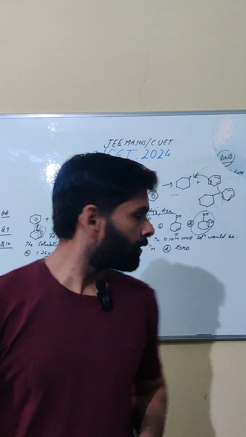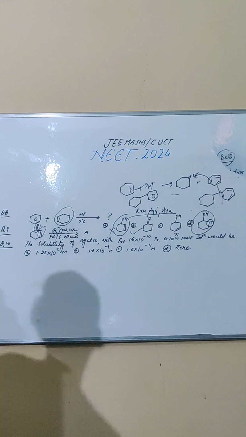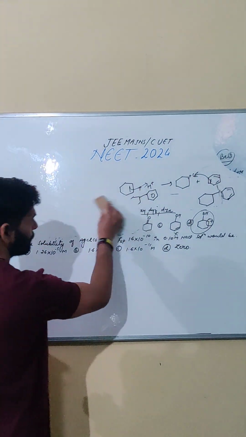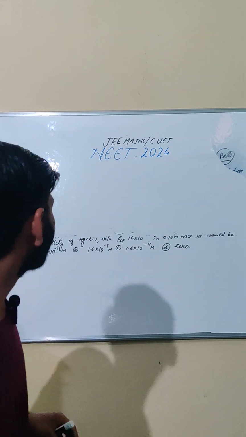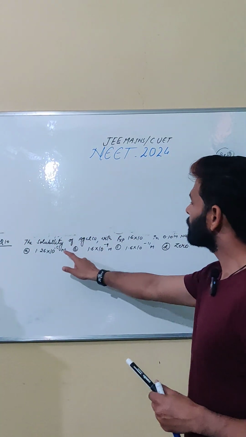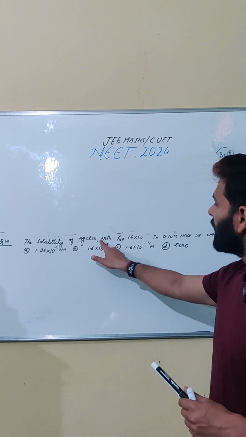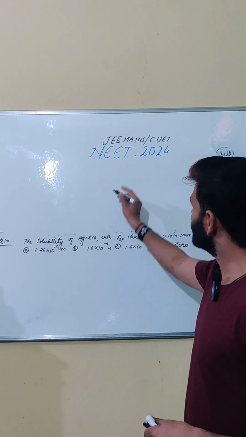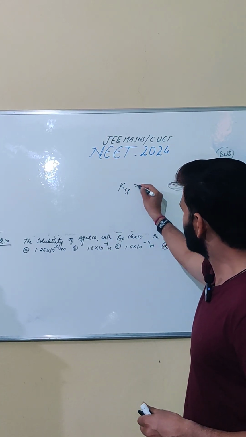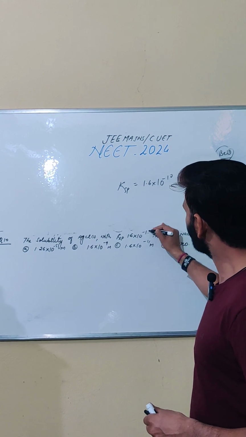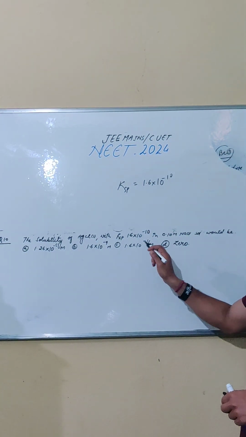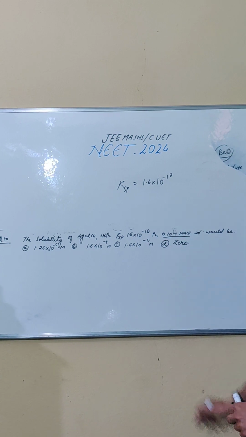Now moving to the last question, which is very important from the equilibrium chapter, and this question belongs to solubility product. The solubility of AgCl has been asked, and it is given that Ksp is 1.6 times 10 to the power minus 10. And this is in contact with 0.1 M NaCl.